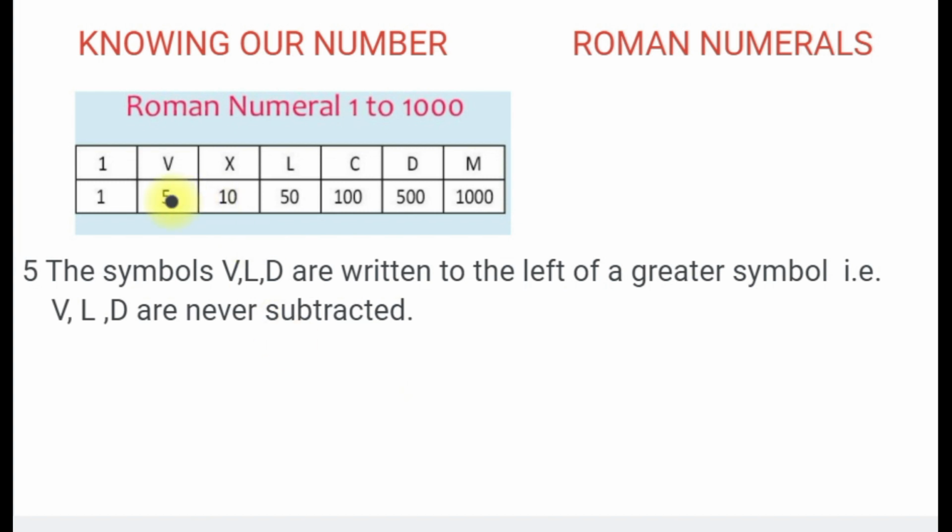We cannot subtract 5, we cannot subtract 50, we cannot subtract 500 if it is written to the left of any greater symbol, right? We cannot write it like this. We cannot subtract this 5 from this 10. We get 5 and can write 5 like this. So 5, 50 and 500 cannot be written to the left of a greater symbol.